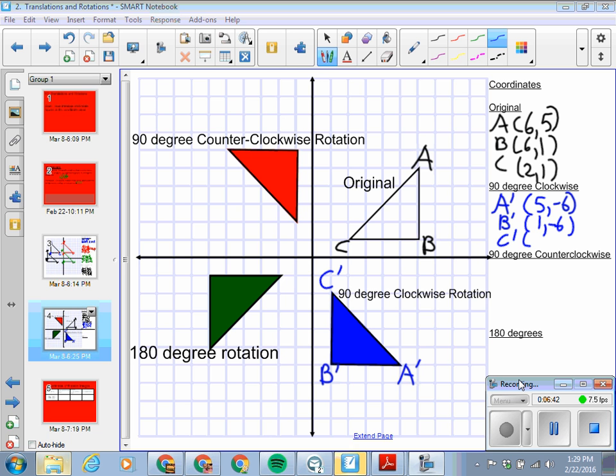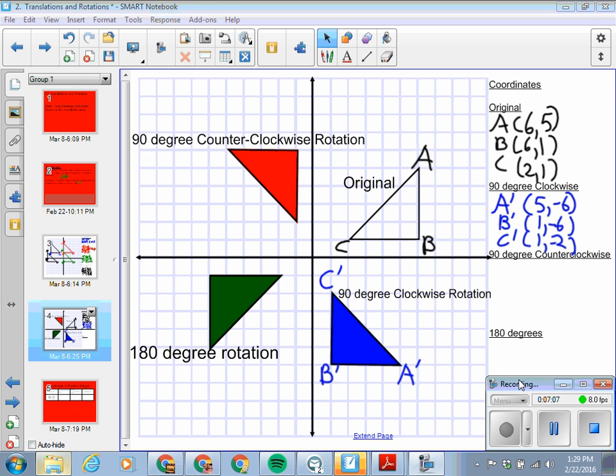And C prime becomes 1, negative 2. So if you look at the changes from the original to our 90-degree clockwise, you can see that the X and Y coordinates have switched places, and now a negative sign has been placed on the brand new Y coordinate. And we'll make a template out of that in a minute.